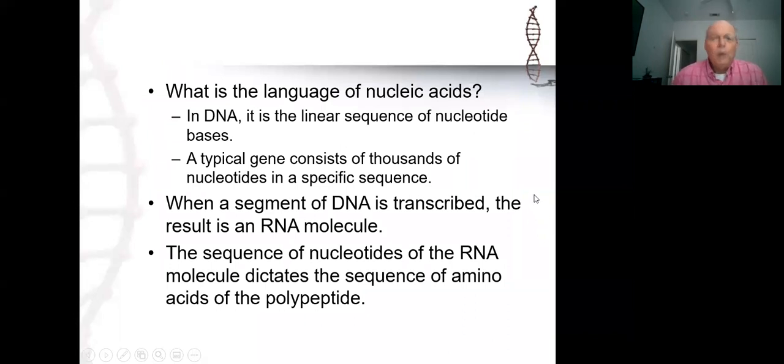So once we start recognizing that the cell is actually speaking these two languages, the language of nucleic acids and the language of amino acids, it also becomes necessary to think about how this process takes place and how that information as nucleotides can be converted to sequences of amino acids.